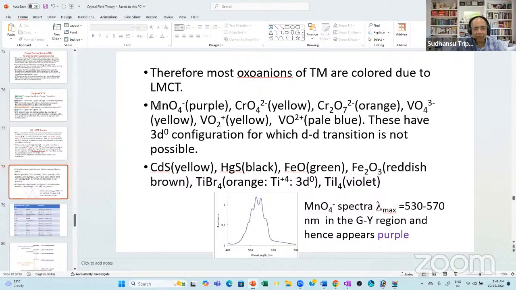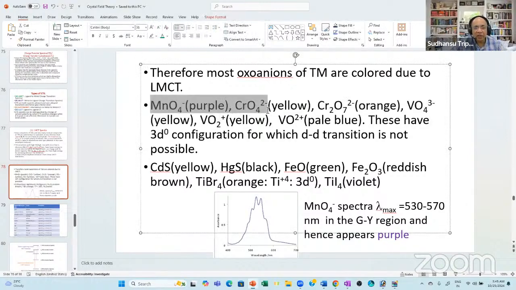Now see, permanganate is purple, chromate is yellow, dichromate is orange, vanadate is yellow, vanadyl VO2 plus is yellow because this is plus 5. And this is slightly changed. This plus 4 is pale blue.